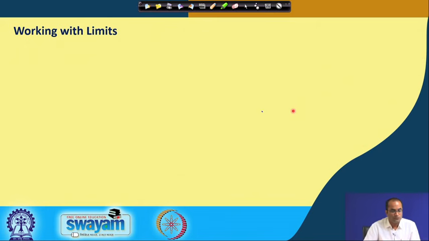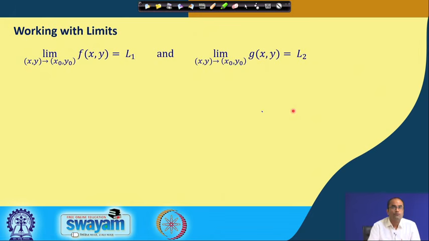Now, a few remarks on working with limits. If the limit of f(x,y) as (x,y) goes to (x0,y0) is L1, and the limit of g(x,y) is L2, and these two limits are given, then the limit of k times f(x,y) will be k times the limit of f(x,y) as (x,y) goes to (x0,y0), where k is a constant.